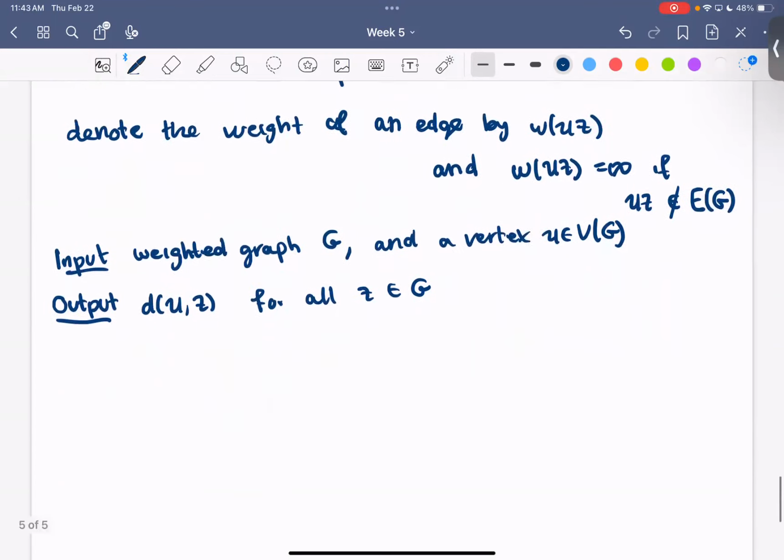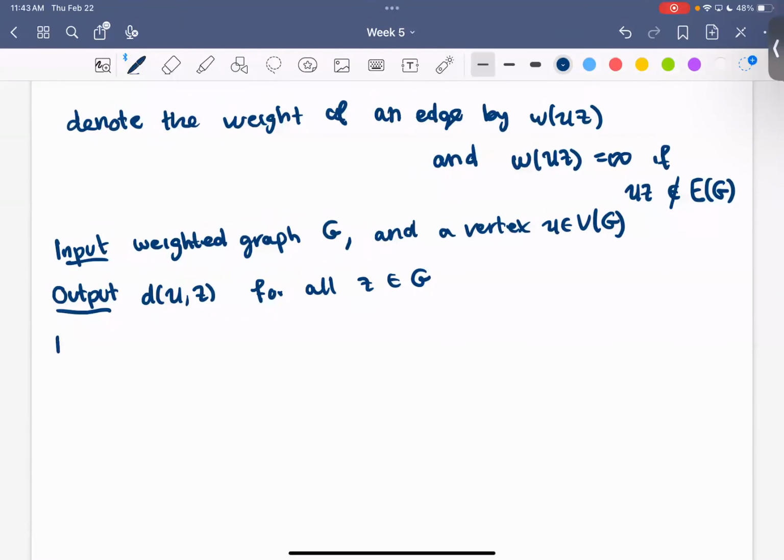So to start this, our initialization, we're going to set S equal to U. And I'm going to think of S as being the set of vertices where we already know the shortest path.